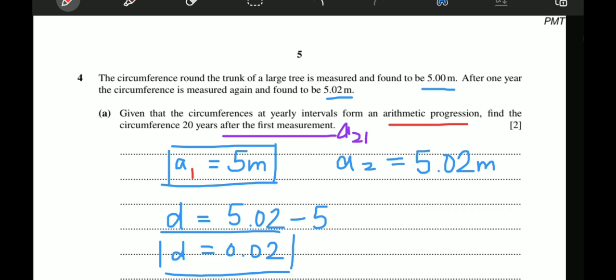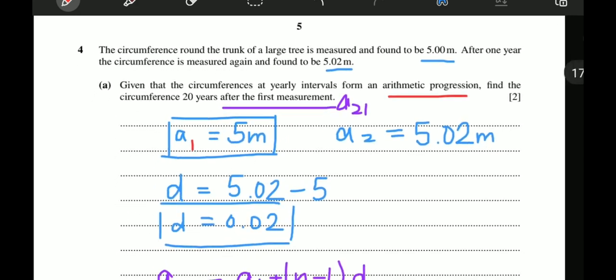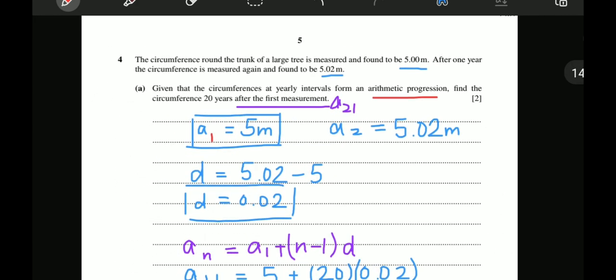Difference is going to be the difference between any two consecutive terms. So 5.02 minus 5. So this is going to give you 0.02. Now apply your nth term formula. This is your nth term formula, a1 plus n minus 1 d.